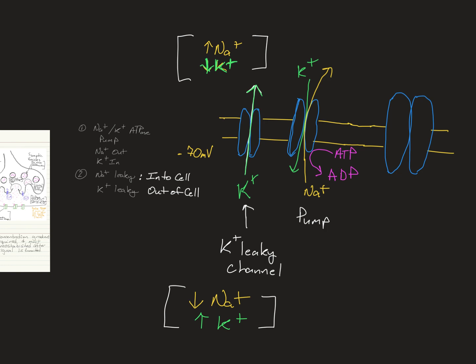And here, this last one is sodium. Sodium is going to go from high to low in this leaky channel. And why is sodium going from high to low? Because, again, this is a leaky channel.